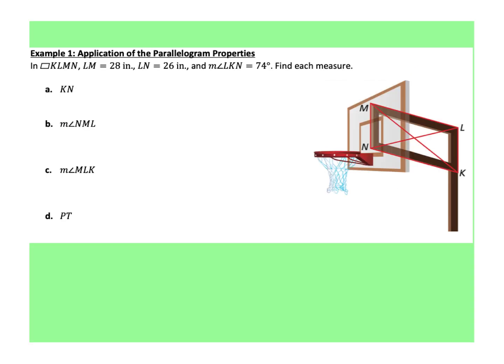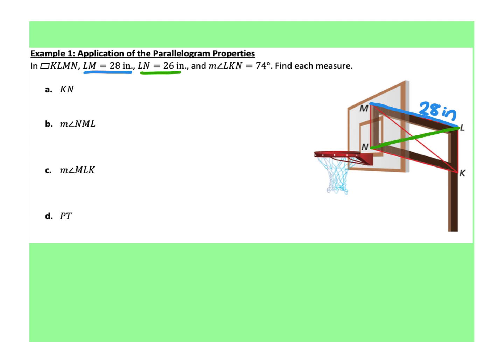All right, let's try an application problem. In the directions here, we are given that in parallelogram KLMN, LM equals 28 inches. So LM is this part right here, that's 28 inches. LN is 26 inches.